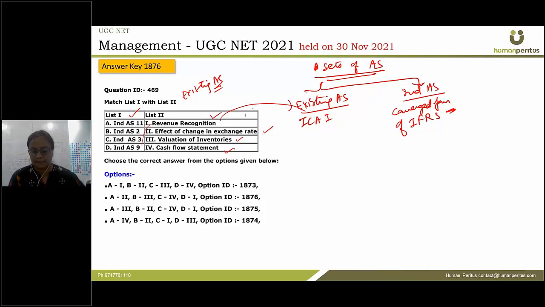So it is the list of existing accounting standards. Okay, so this question is a bit wrongly framed. So the answer to this question is A2, B3, C4, D1 and option ID 1876 is the correct answer to this question. Next.